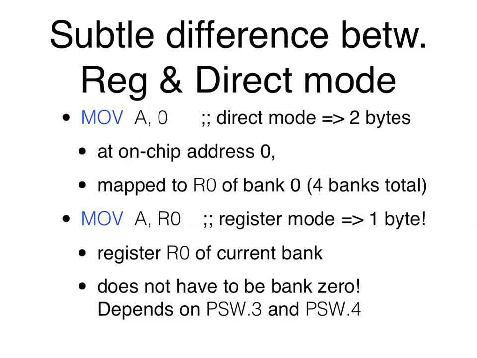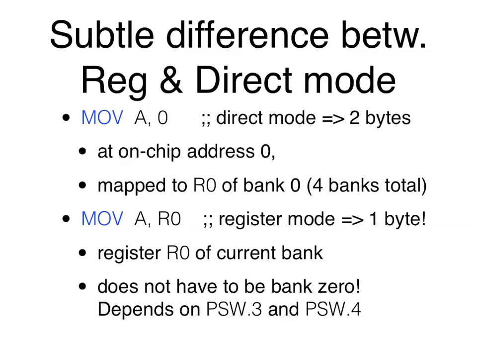And right, so there's a subtle difference between register and direct mode, right? Direct mode is 2 bytes for this instruction. Register mode is 1 byte. Okay, and now, they could actually do exactly the same thing. Why? Because if your bank is selected to be 0, then R0 actually corresponds to on-chip memory address 0.